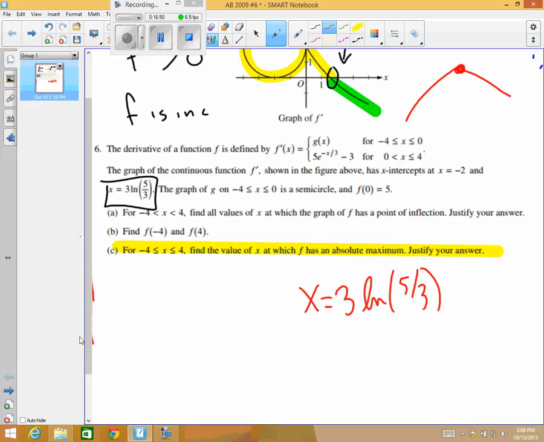After 3 natural log of 5/3, all the way until +4, the function is decreasing. Therefore, the only place you have any kind of maximum has to be at this x value, 3 natural log of 5/3. Therefore, since it's the only maximum, it's going to be the absolute maximum. I think it's kind of important to get all those ideas out. It's better to say too much than not enough.